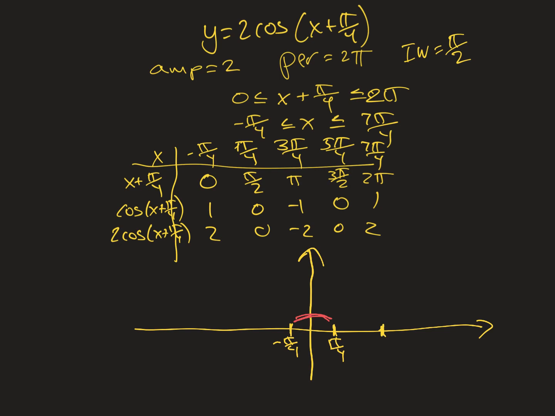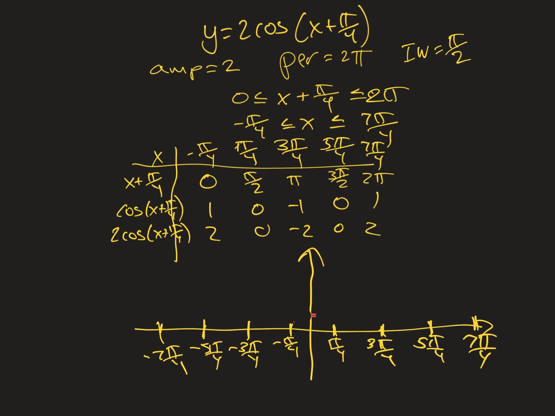Just be careful with your interval width. Pi over 4 and 3 pi over 4 are not pi over 4 apart, so that should not be the same as the distance between 0 and pi over 4. So I've got 3 pi over 4, 5 pi over 4 and 7 pi over 4. And then I could extend it in the negative direction too, a little bit if I want: negative 3 pi over 4, negative 5 pi over 4, and negative 7 pi over 4, just to extend it a little.